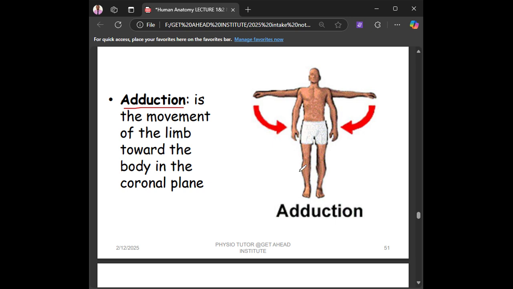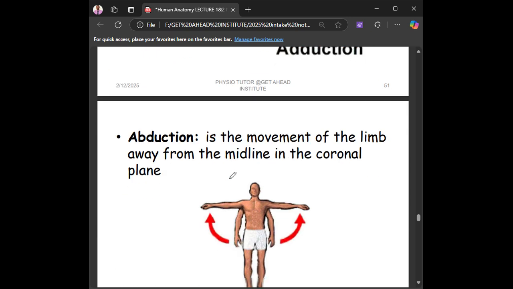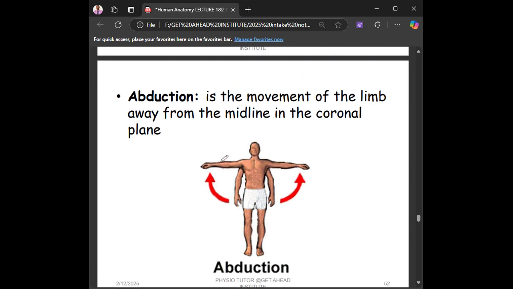If the lower limbs are moving in this direction towards the midline, that is adduction. But if they are moving away like this, then it becomes abduction. Abduction is the movement of the limb away from the midline, still in the coronal plane.